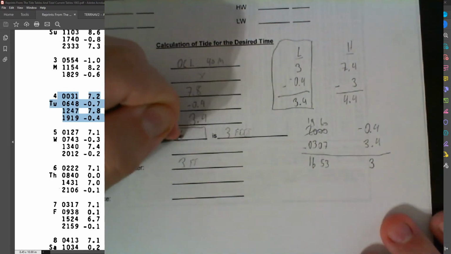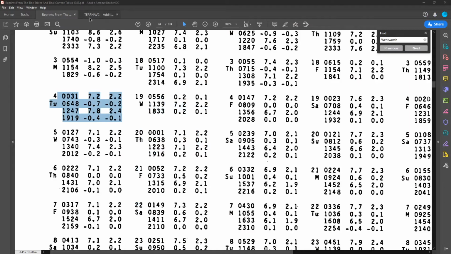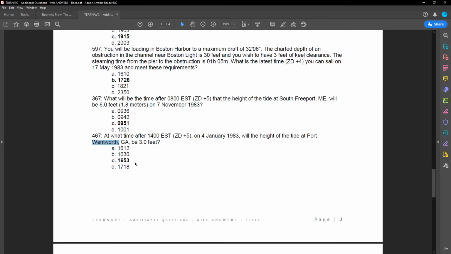So at 1653, the height will be 3 feet. We're going to go back over to here, look at the additional problems. Correct answer, 1653.